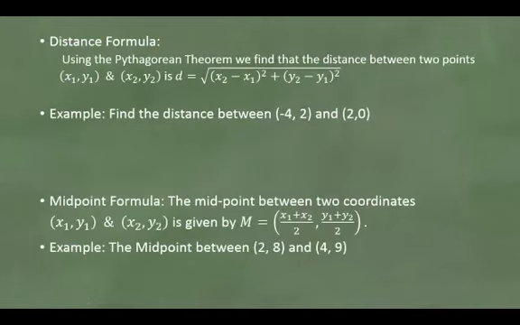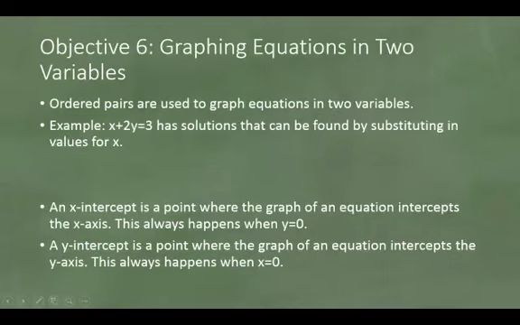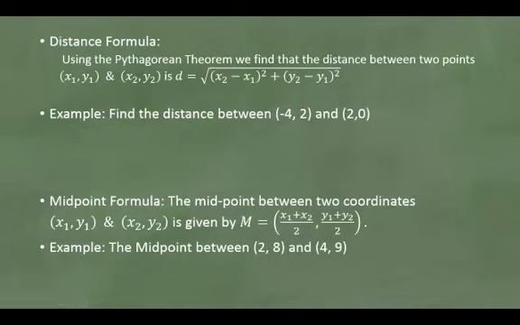The distance formula. Using the Pythagorean theorem, we can find the distance between any two points on that coordinate axis. So let's imagine we have a point x1, y1, and we have another point x2, y2.